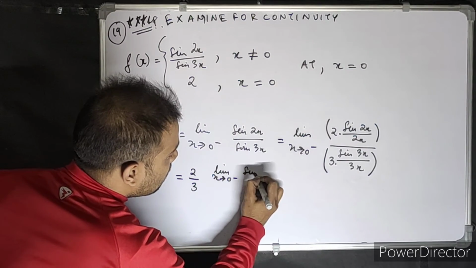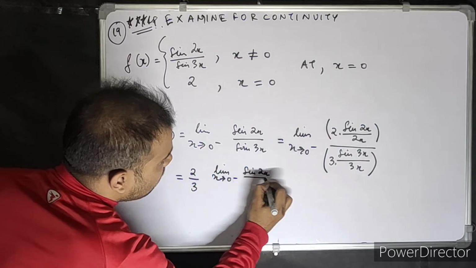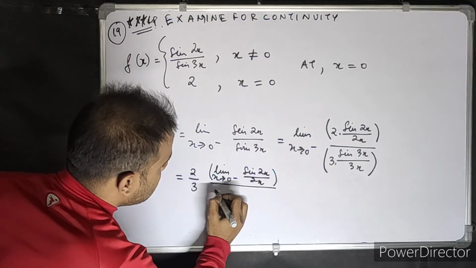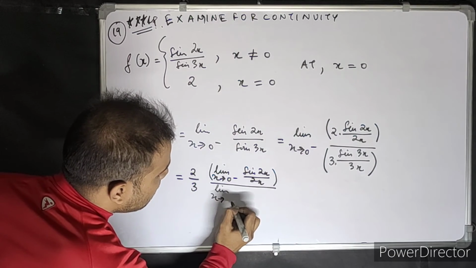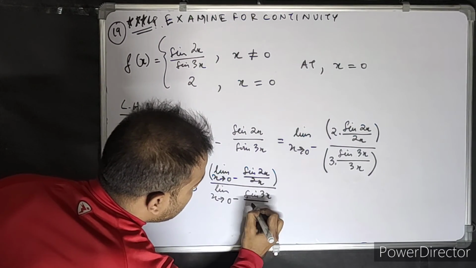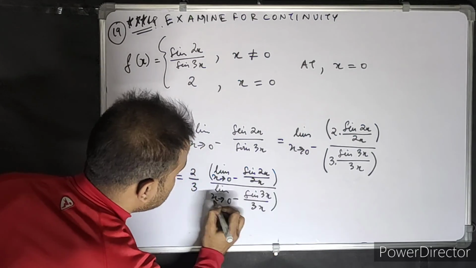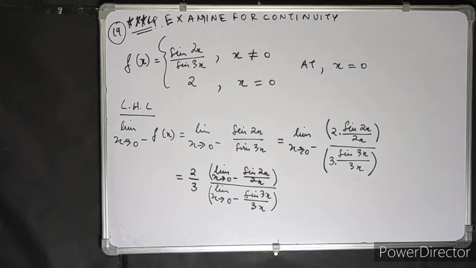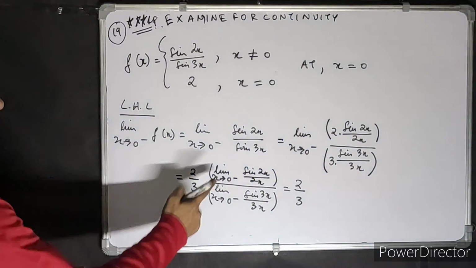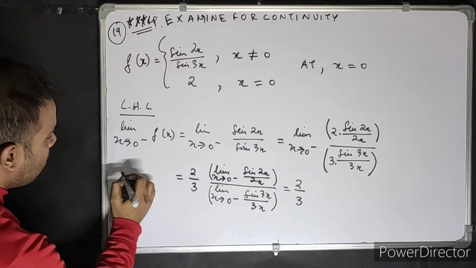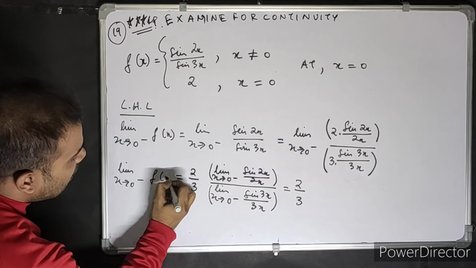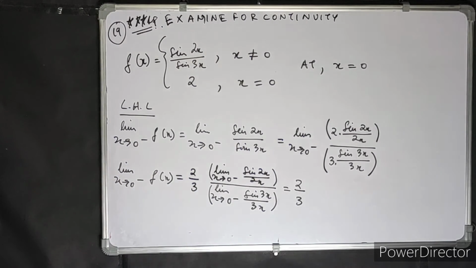Limit of x tends to 0 negative, sine 2x divided by 2x, over limit of x tends to 0 negative, sine 3x divided by 3x. See, simple. This is 2 by 3. This is also 1, this is also 1. So limit x tends to 0 negative, f of x is 2 by 3.